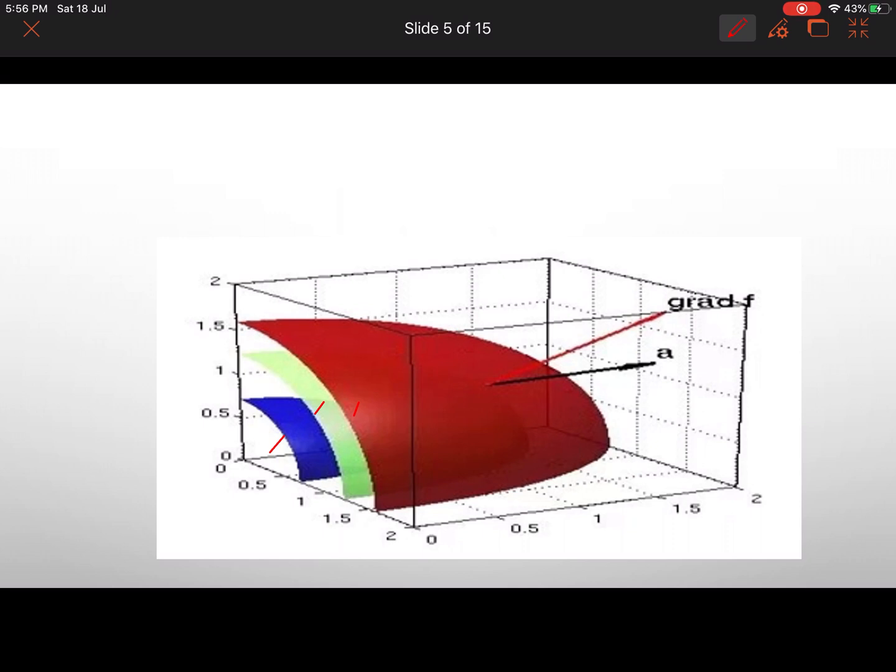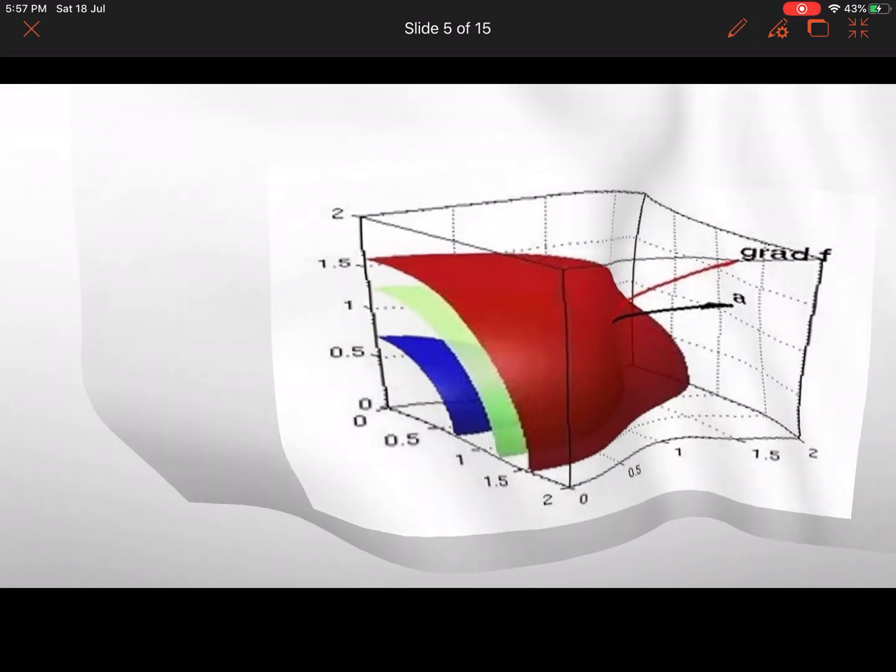How it is changing is given by del f. Okay, got the point? f is a scalar function, no doubt, of course, but del f gives you in which direction it is changing and how much it is changing. In the next slides you will get to understand more properly.